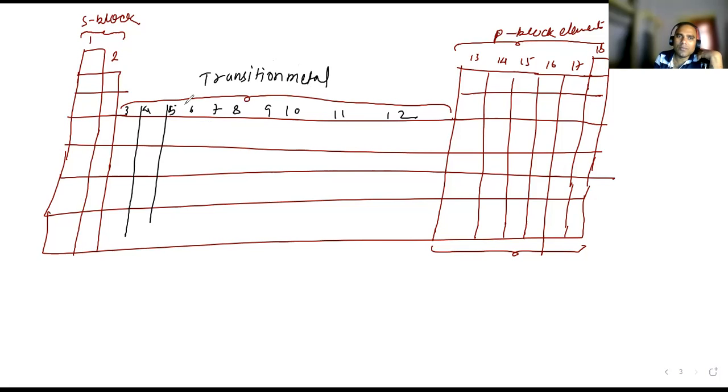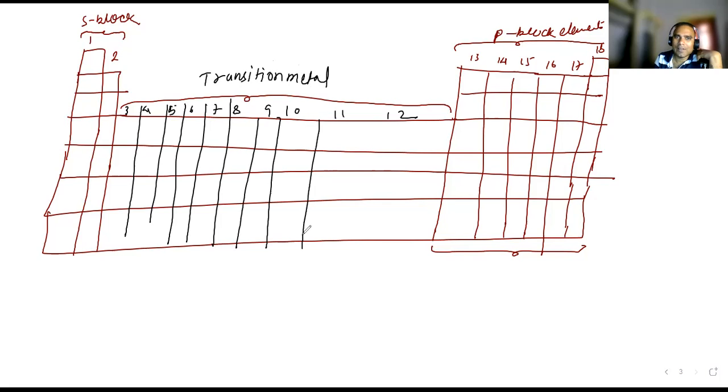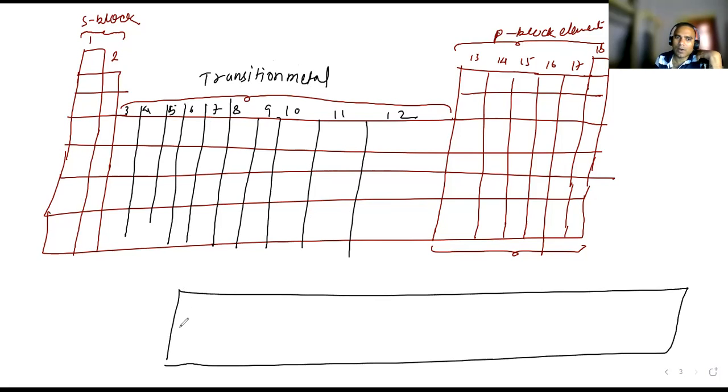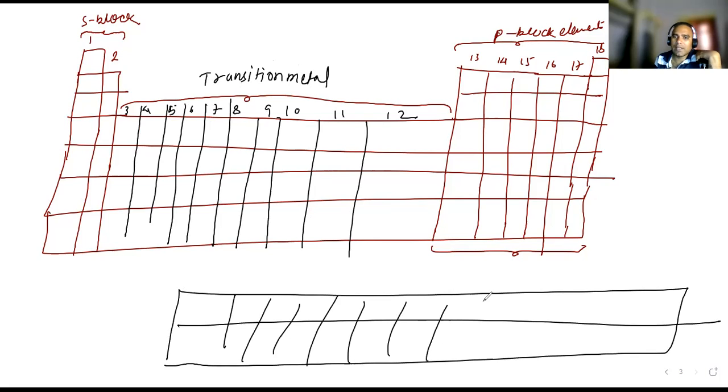But what block will we say? S block, P block, D block, F block, what block? S and P are already over. F block elements are there at the bottom. So which block element will be there in the center? Can you guess?